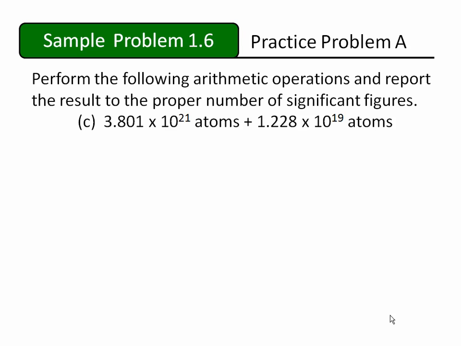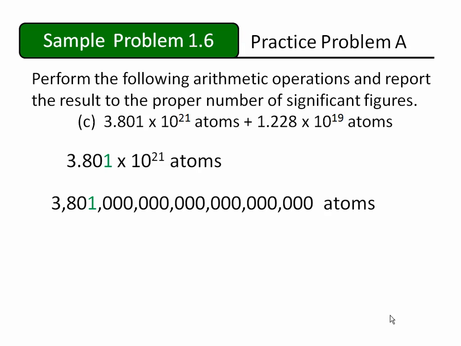Letter C is an excellent problem that asks us to add two numbers in scientific notation. Let's examine this one very carefully. In the first value, the 1 is uncertain. The 1 actually occurs in the 19th place above the decimal point, which you could tell if you were to write this value in decimal form.